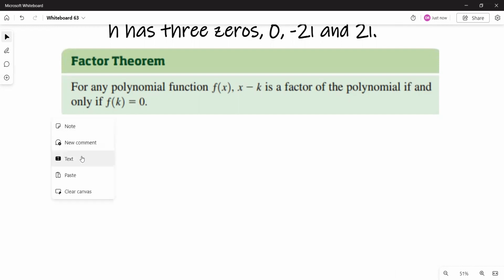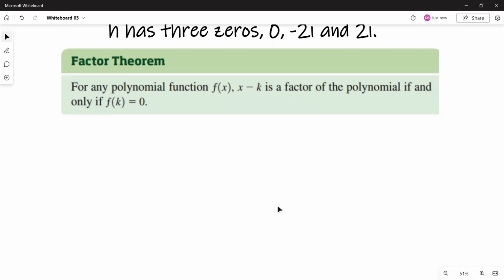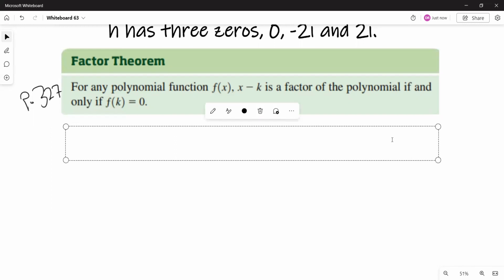Okay, so the fundamental theorem of algebra has two consequences that I'm going to copy. That's page 327 for the factor theorem. And the fundamental theorem of algebra has two important consequences.